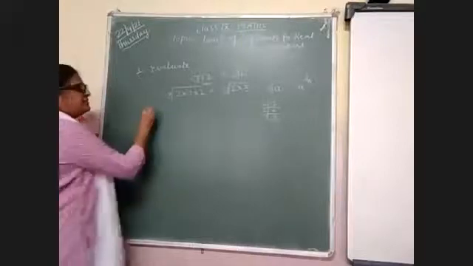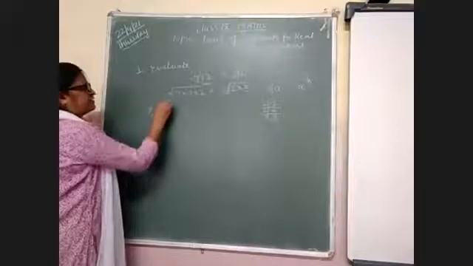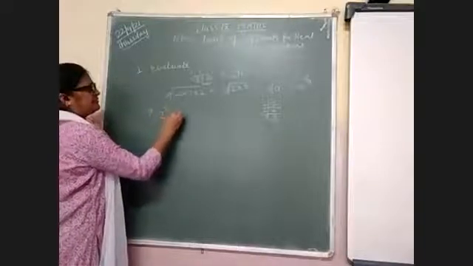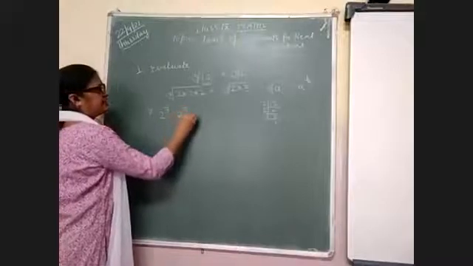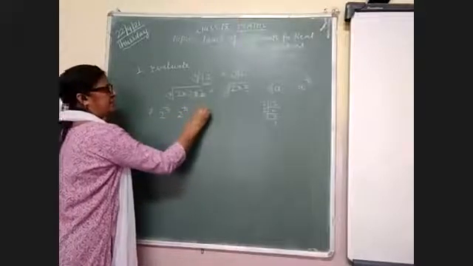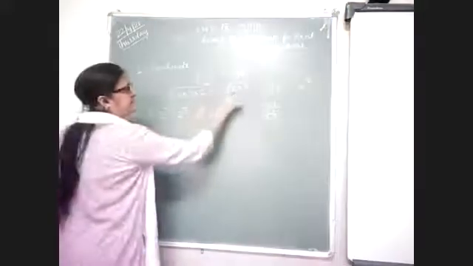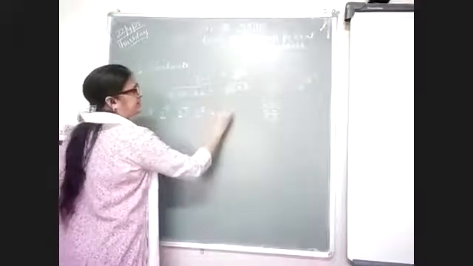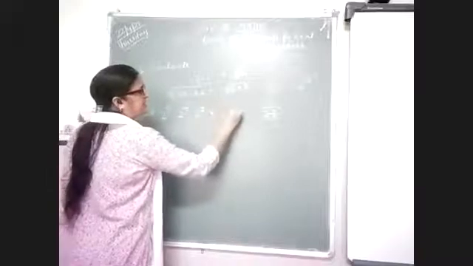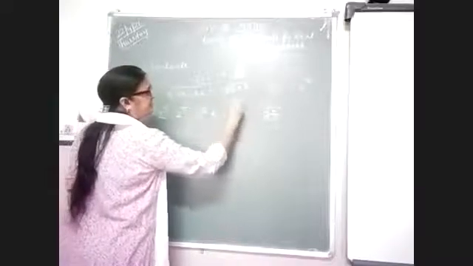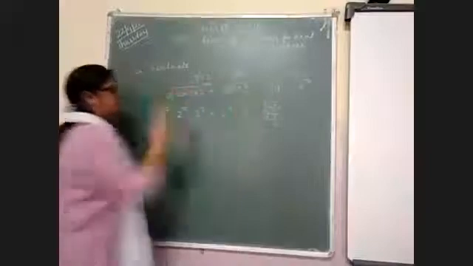Now expand: 2 raised to the power 1 by 4 into 2 raised to the power 1 by 4 into 3 raised to the power 1 by 4. And the seventh root of 2 and 3 is 2 raised to the power 1 by 7 and 3 raised to the power 1 upon 7.